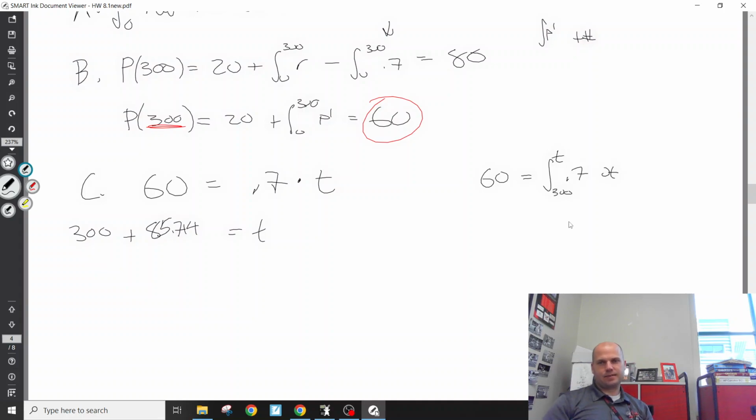Watch how I can get this. 60 people in line need to be removed. Take the antiderivative of 0.7, you get 0.7t. You could figure out the change in this, 0.7t minus 0.7 times 300.